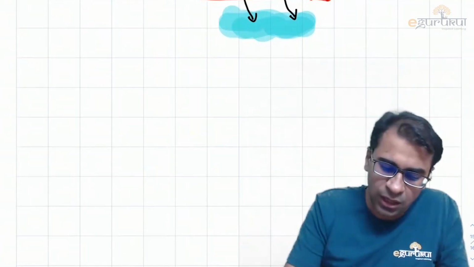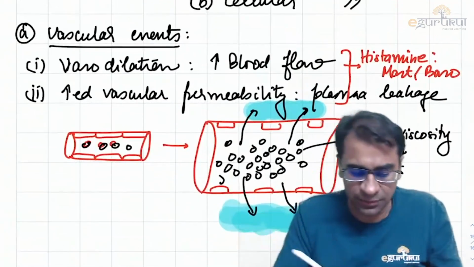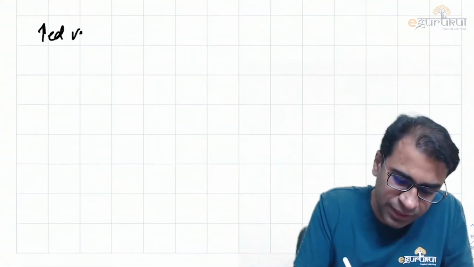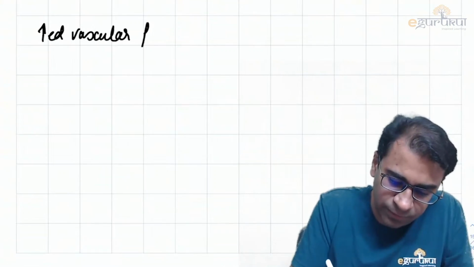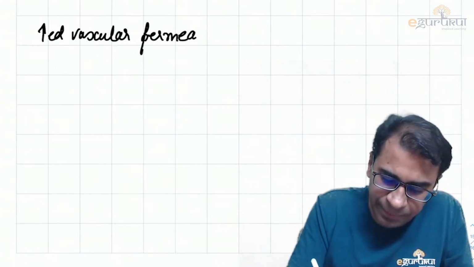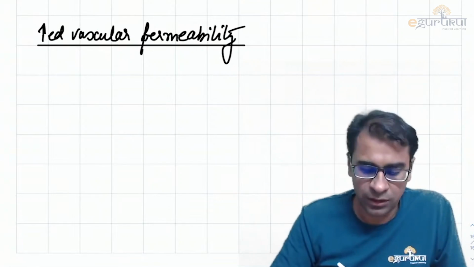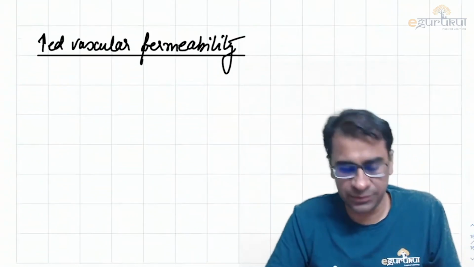Now let's see what are the other mechanisms of increased vascular permeability. This is also very important. Increased vascular permeability. What are the basic mechanisms?